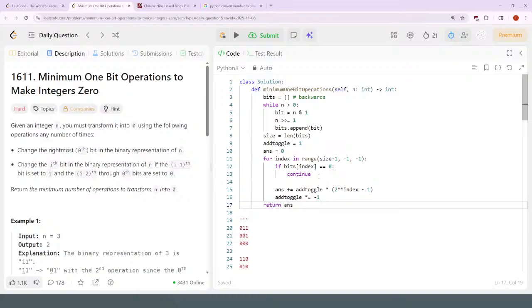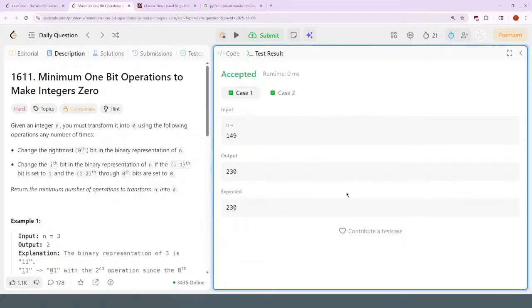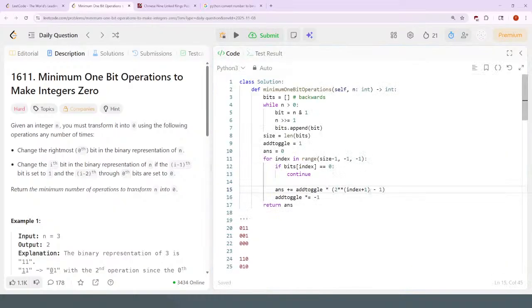Should it be 2 to the index minus 1, or 2 to the index plus 1? Yeah, it might be 2 to the index plus 1 actually. Index, it's going to be the size of the thing, and 0 index is size 1. I guess I can possibly just keep it like this, and then just return answer times 2.